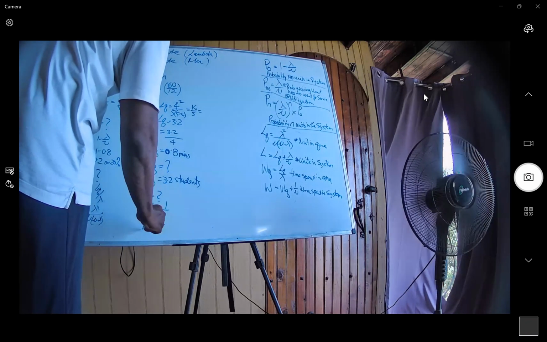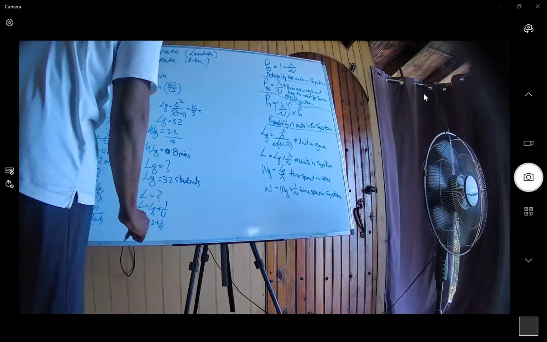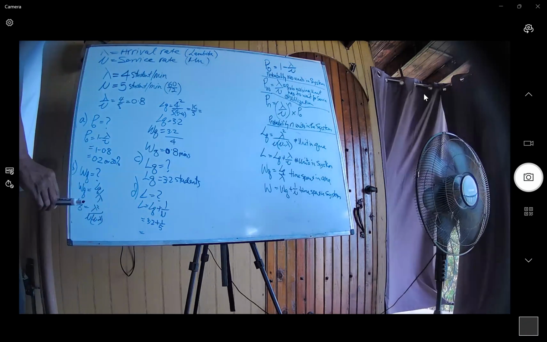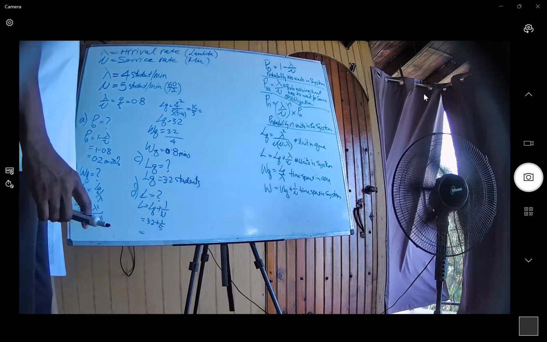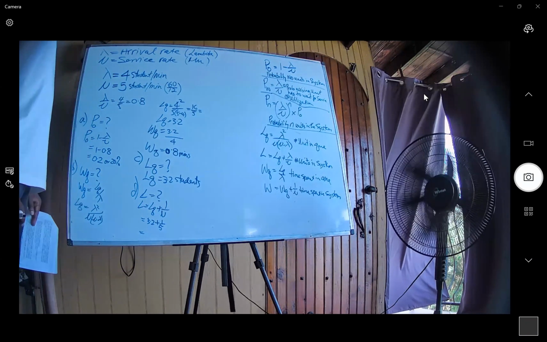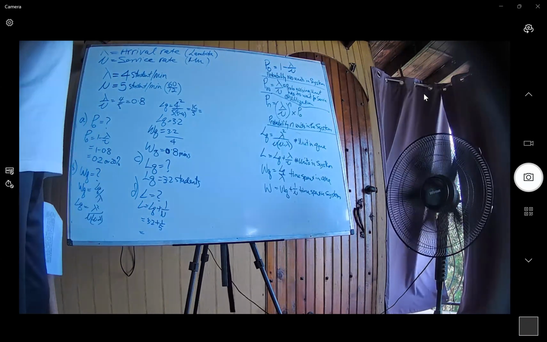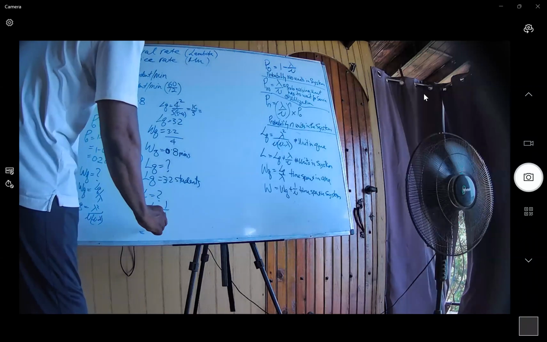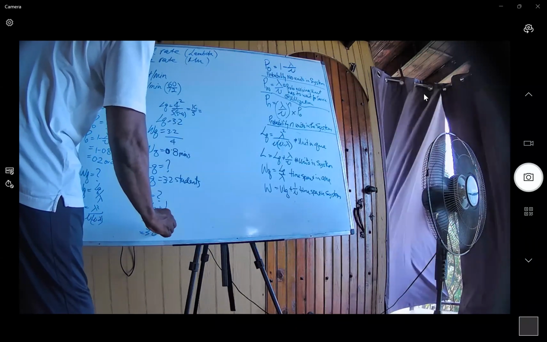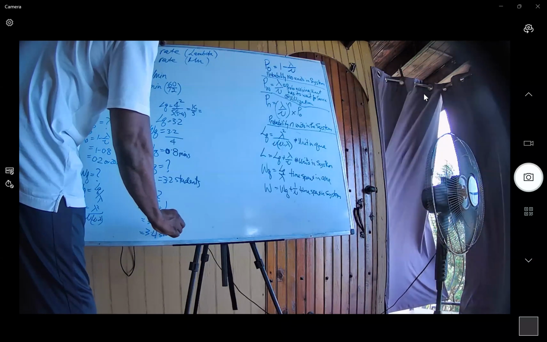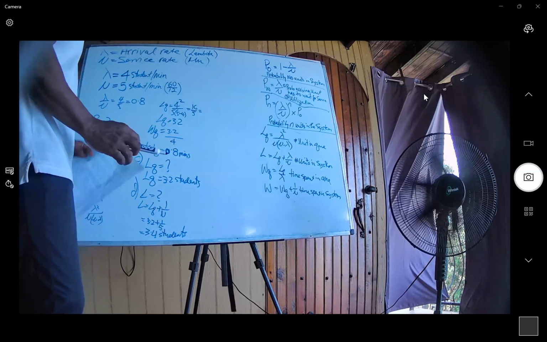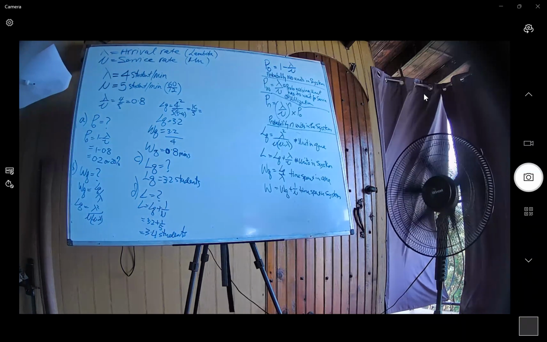What's 1 over 5? 0.2. What's the total answer then? 3.4. That's it. Easy, eh?